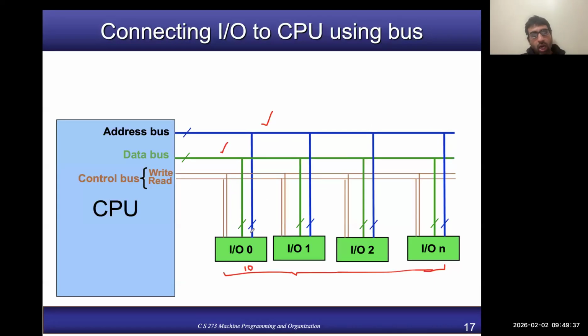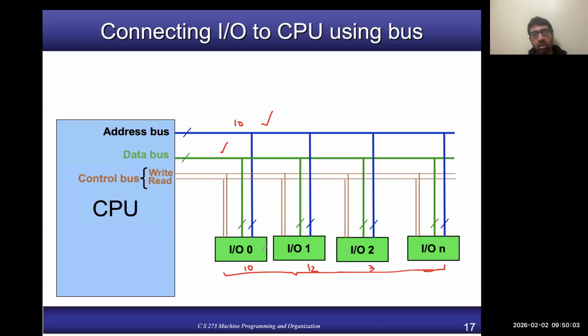But then how will we know, if the address placed on the address bus is 10, which one of these devices is supposed to respond, right? All of those devices actually know their own addresses. Let's say the address of IO device 0 is 10, the address of IO device 1 is, I don't know, 12, and the address of IO device 2 is 3.